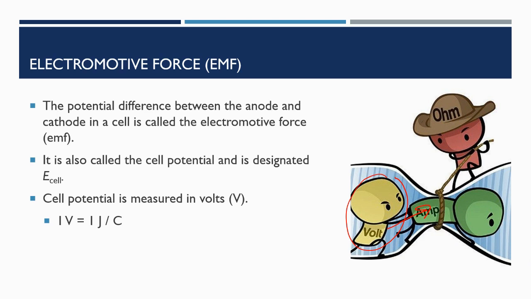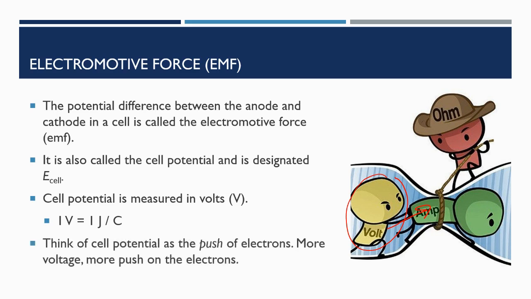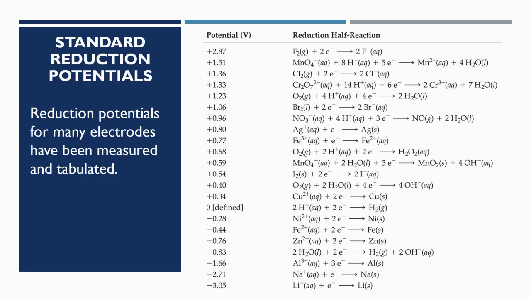Amps are the flow of charge. And so voltage pushes electrons through a circuit. Voltage is 1 joule per coulomb. A joule is a unit of energy. A coulomb is a unit of charge. So it's how much energy does it take per unit of charge in a galvanic cell. So again, think of cell potential or voltage as the push of electrons.